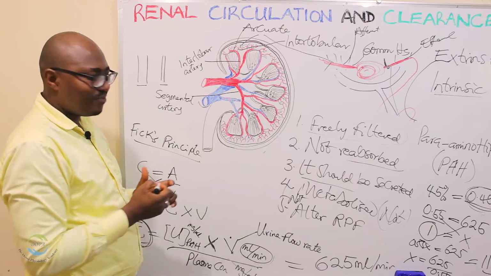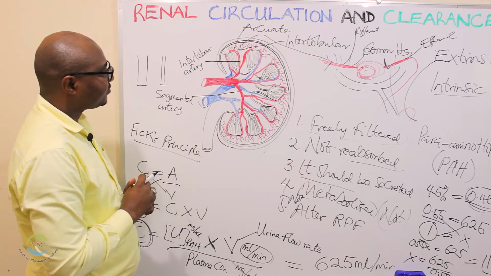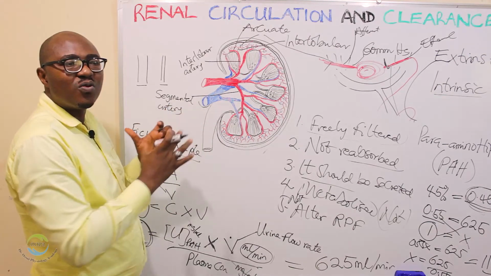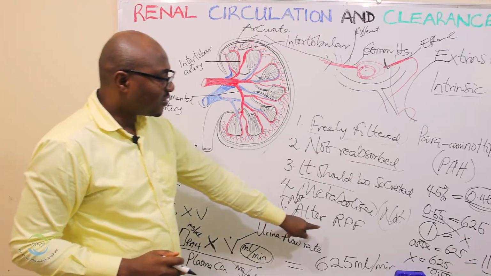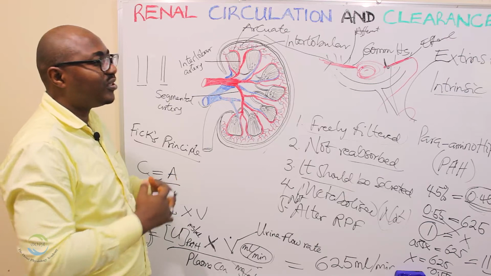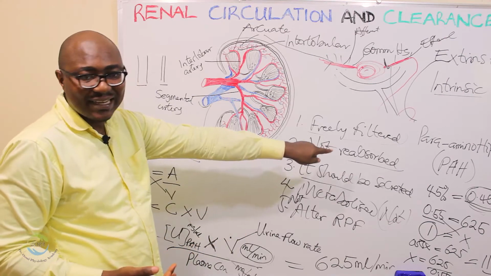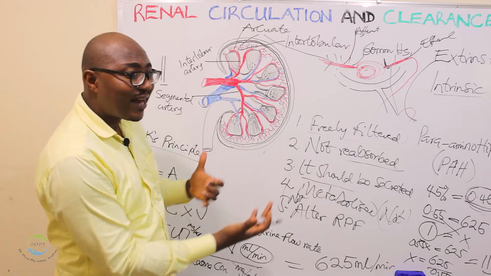So now that we have measured these things, what next? But first of all, what are the lessons that we can learn from all these things? Now remember, you ask yourself, PAH, para-aminohippuric acid, how did we discover that it's an ideal substance? These things are done through trial and error.